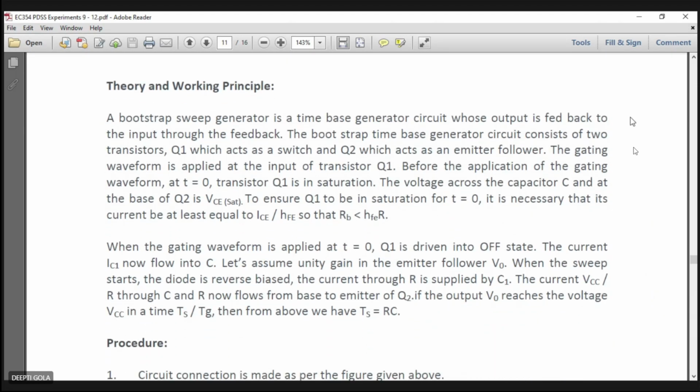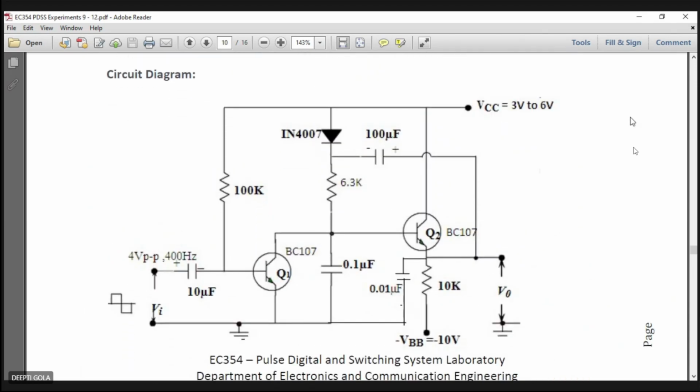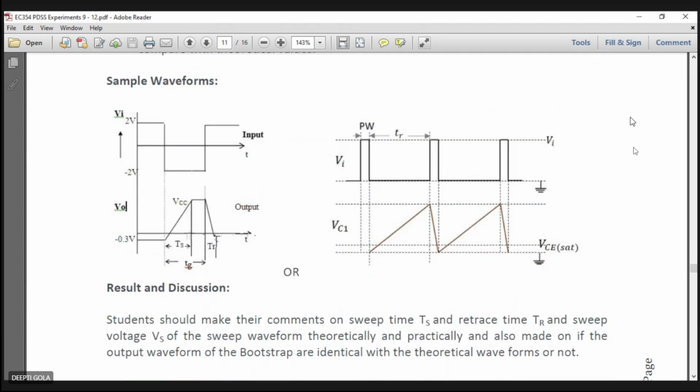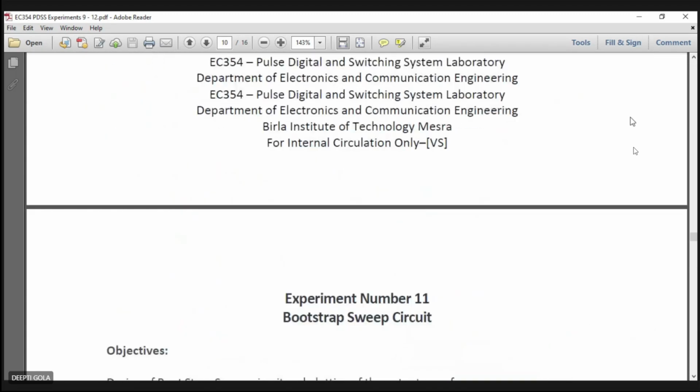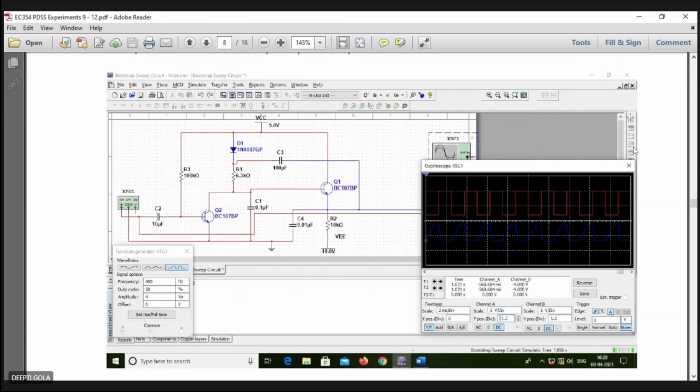It actually uses a kind of feedback. This experiment is not necessary to do today; you will only be performing experiment number 10. If you have any doubt in this circuit, you may ask. Those who have already completed experiment number 10 can go for experiment number 11.